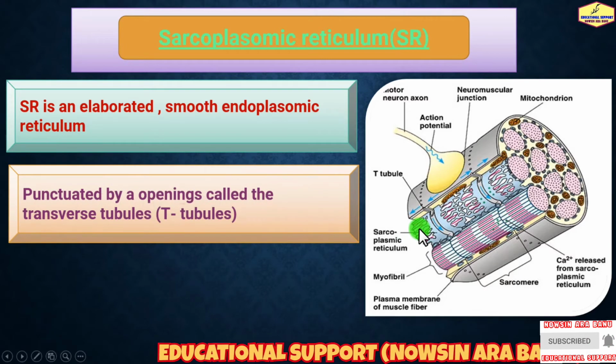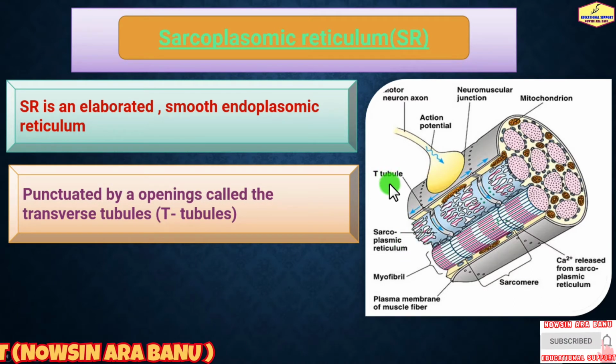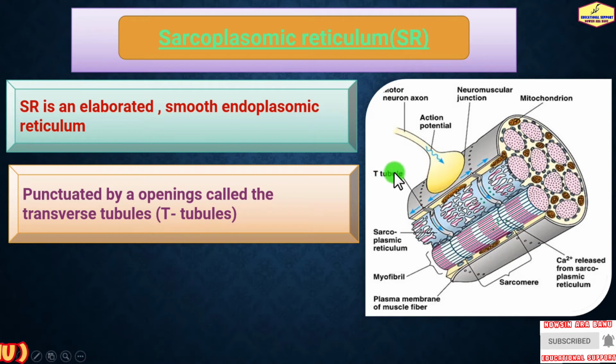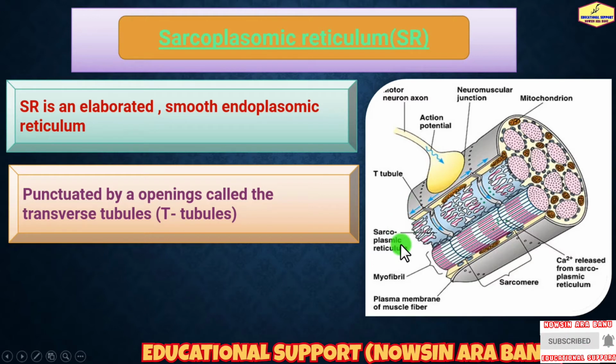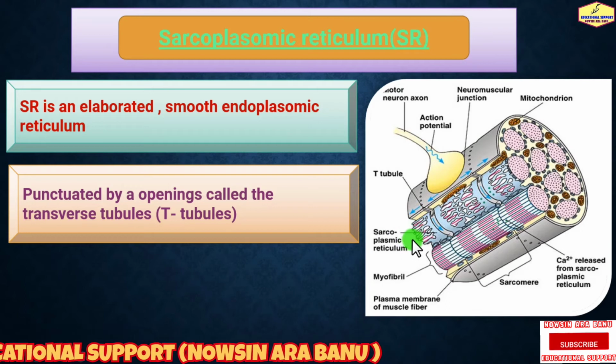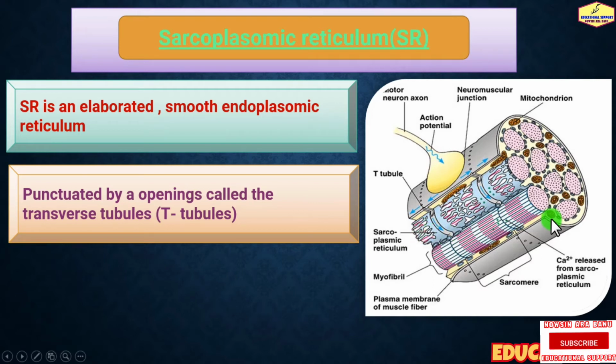So terminal cisternae lie on either side of the T tubules. T tubules are narrow tubules that extend into the sarcoplasm at right angles to the sarcolemma and are filled with extracellular fluid. So this is the picture of sarcoplasmic reticulum.